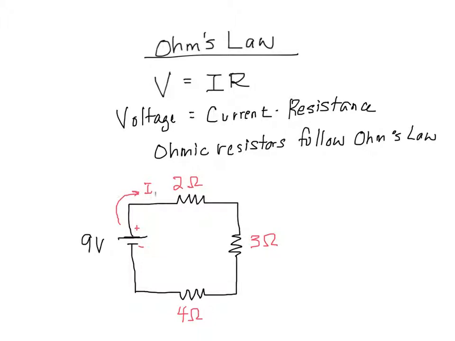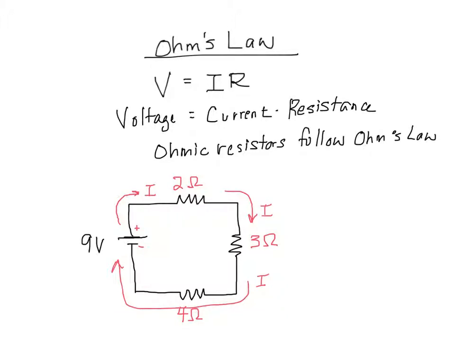It's going to pass through the 2 ohm resistor. I don't even need to call it I1. I'll just call it I. It's all the same throughout. Okay, so I passes that way, comes down this way, and is going to pass right back in here. So it's going to follow a clockwise path.